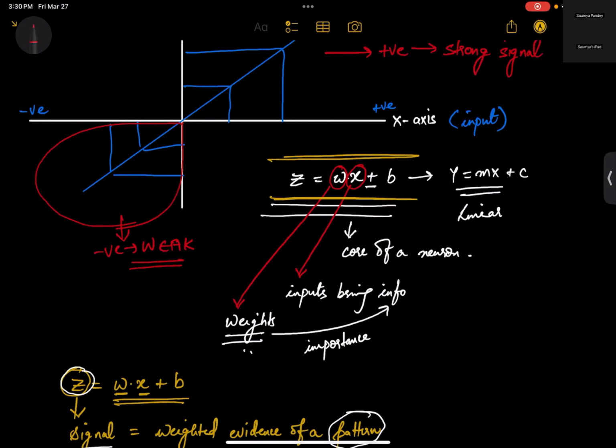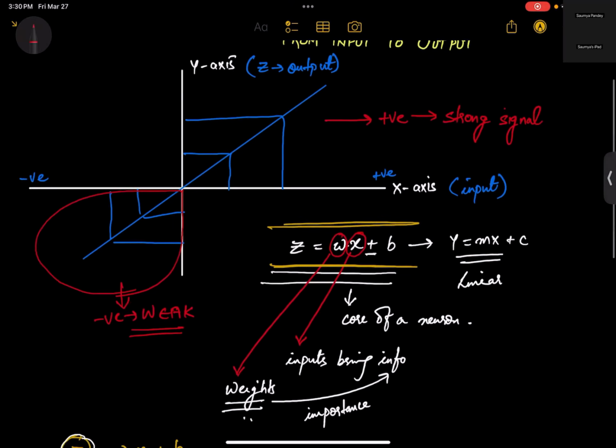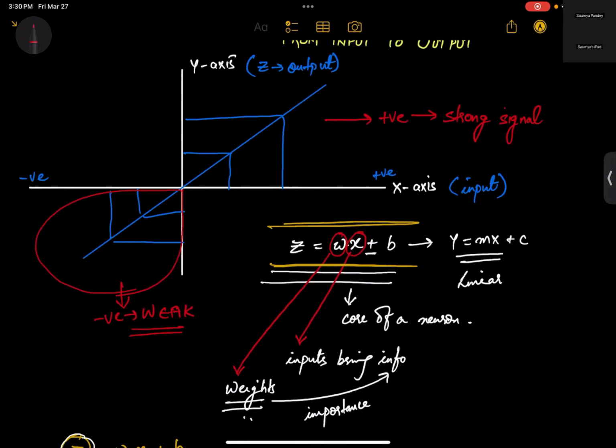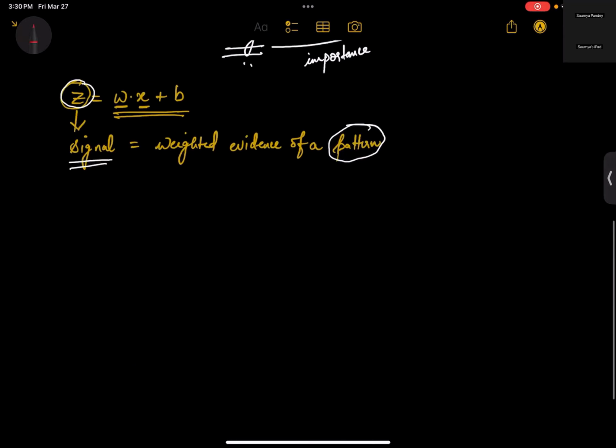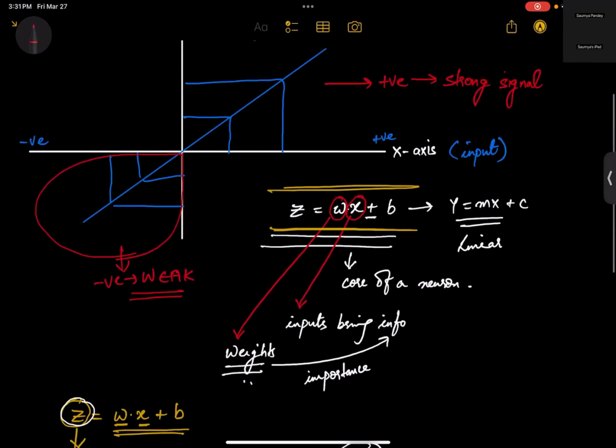So the question here is, should the neuron respond to everything? I mean, all the signals, the weak and strong signal? Intuitively, no, it shouldn't. Some signals are just weak or noise, and some signals here actually carry some useful information.